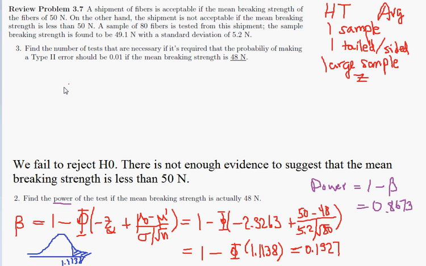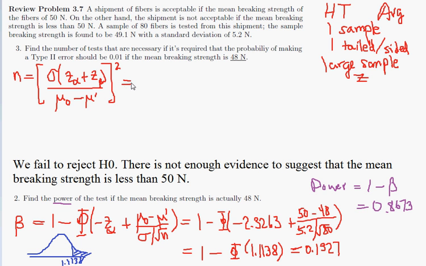This is a one-tailed test, and so the formula goes n is equal to sigma times Z sub alpha plus Z sub beta over mu naught minus mu prime, whole thing squared.